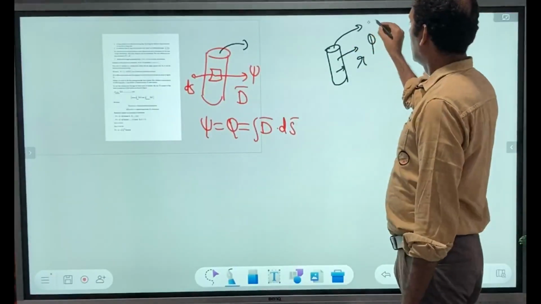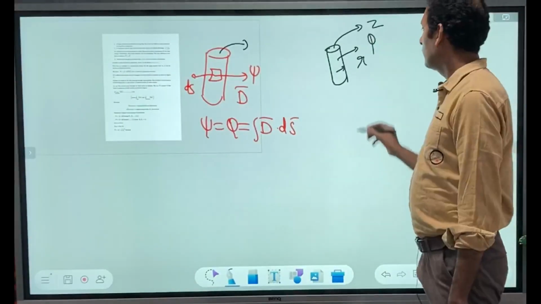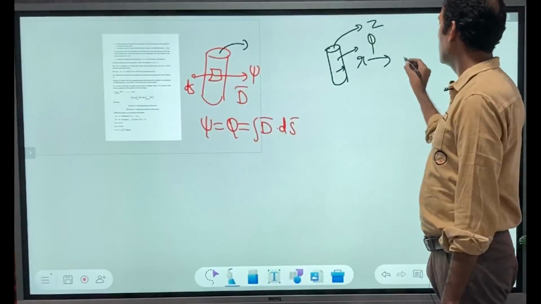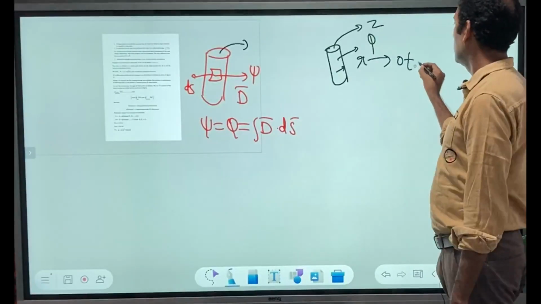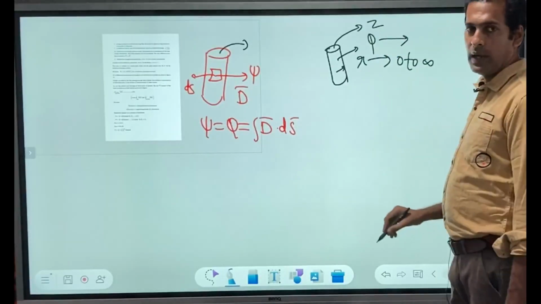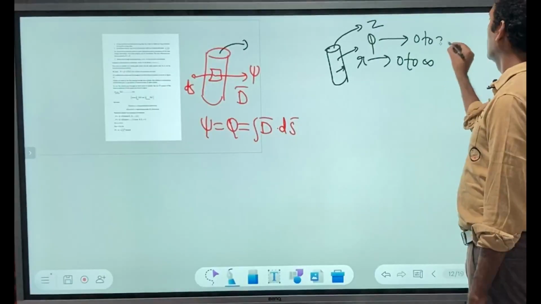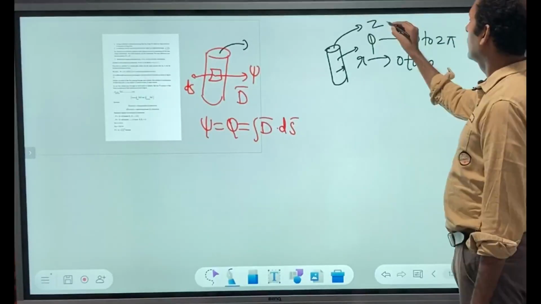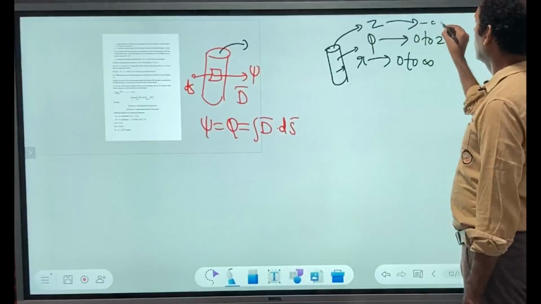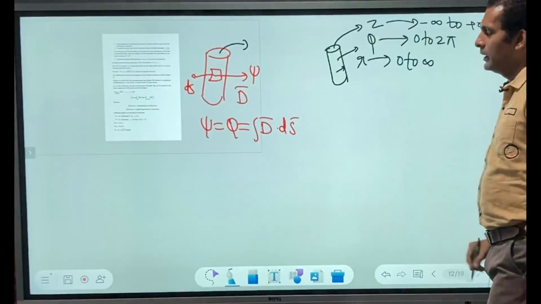Third, we require the height z. And what are the limits for r? R limits are from 0 to infinity. The phi limits are from 0 to 2 pi, and z is from minus infinity to plus infinity.